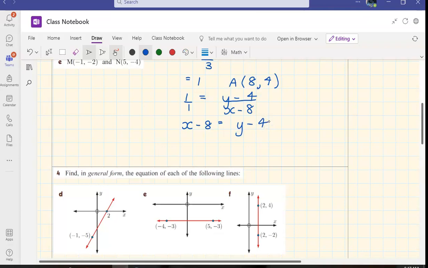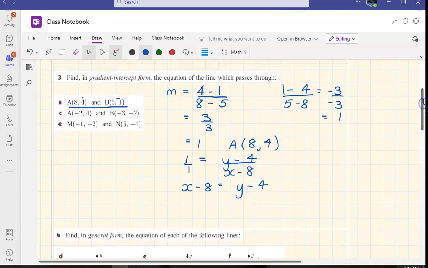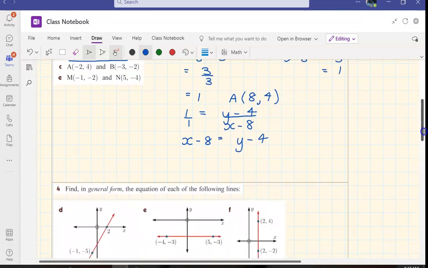Before you do your next line, you've got to read the question, because they could ask us to put it in y-intercept form, or gradient intercept form, or general form. In this case, we've read it. It says y-intercept form, so basically that means get y by itself.